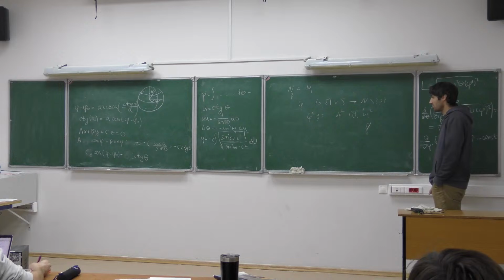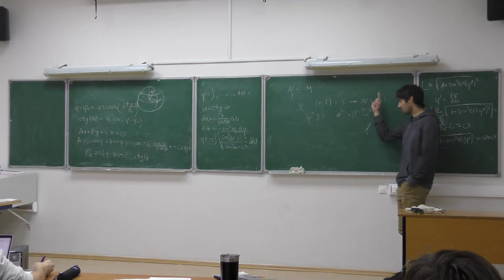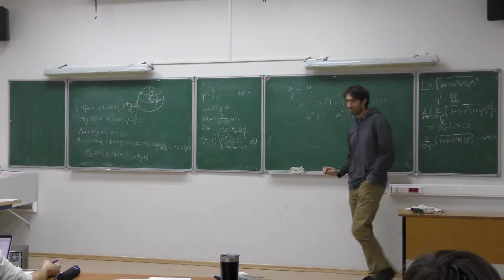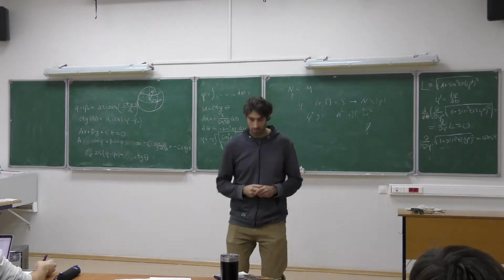And then you're done, because you know that locally geodesics minimize the length. So if you're lucky enough to find something like this, then you know what a geodesic is. And that's what's going on in the sphere.